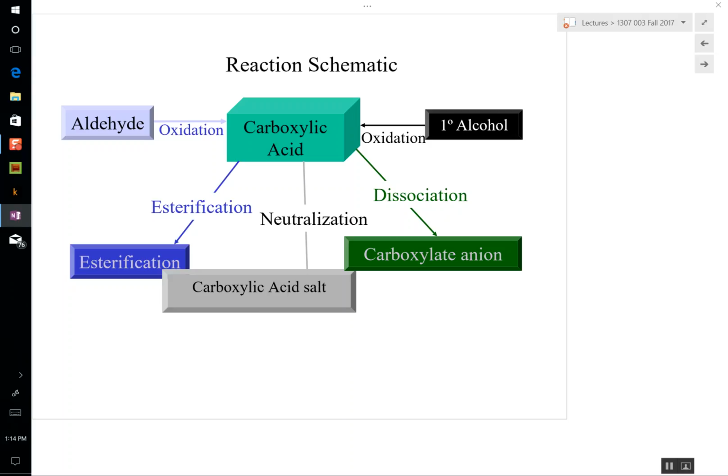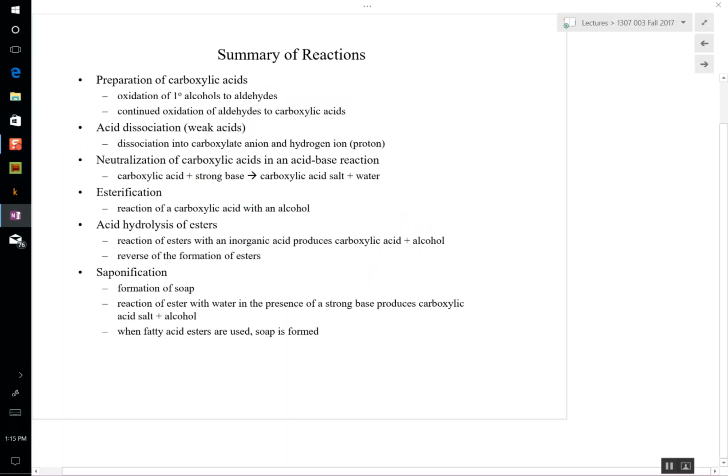You put them in water, they'll dissociate, make the water acidic. Neutralization, react them with a base. Esterification, react them with an alcohol. And then how do they react? Here's a little word summary of some of those reactions.